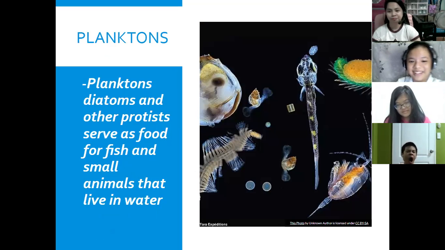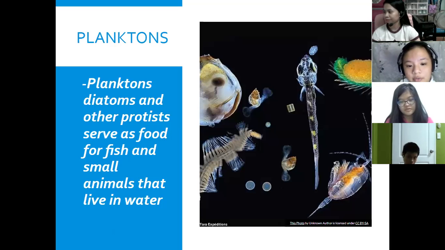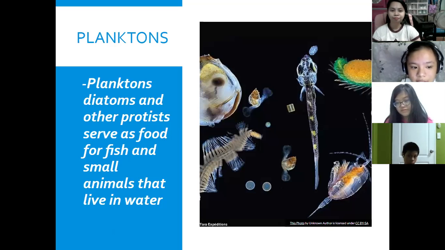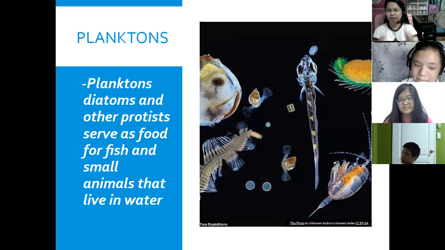Planktons. Planktons and diatoms and other protists serve as food for fish and small animals that live in water. So you know that in aquatic organisms, planktons, zooplanktons, or the plant-like planktons are the ones that give food to these larger or even medium-sized aquatic organisms.